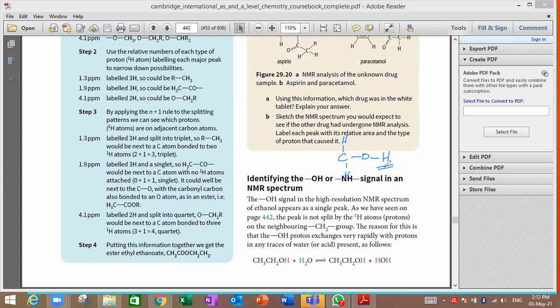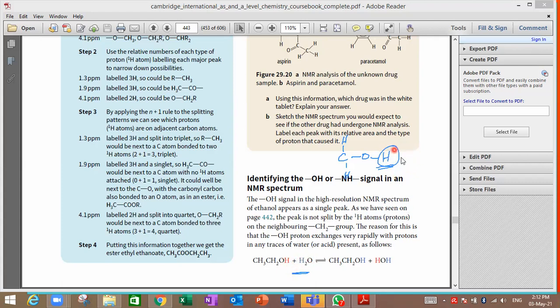And there is another reason here: this hydrogen of the OH, if placed in water, or even if we have a solvent that contains traces of water, will exchange rapidly with the hydrogen of the water.